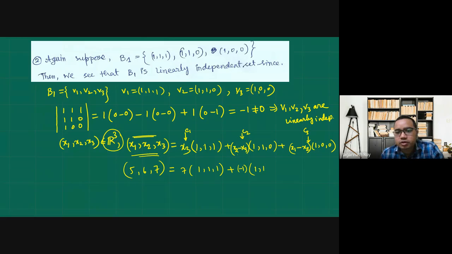Okay, 1 1 0. Plus x1 minus x2, which is 5 minus 6, minus 1, times 1 0 0. If we go here, let us check whether it is true or not.